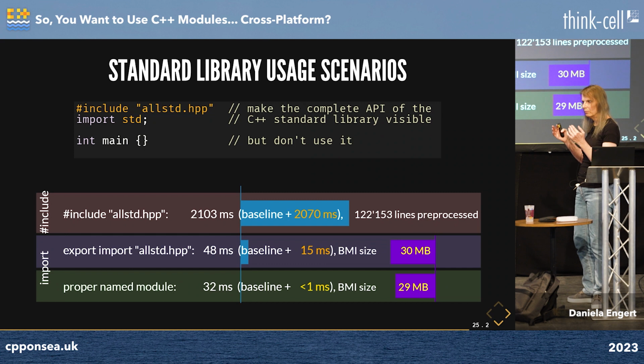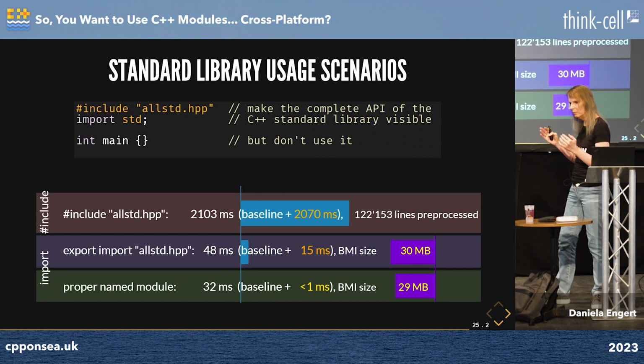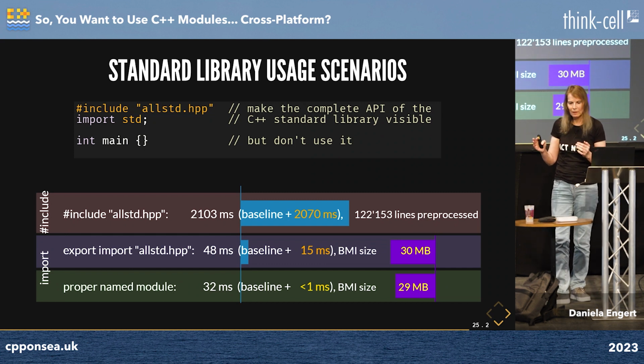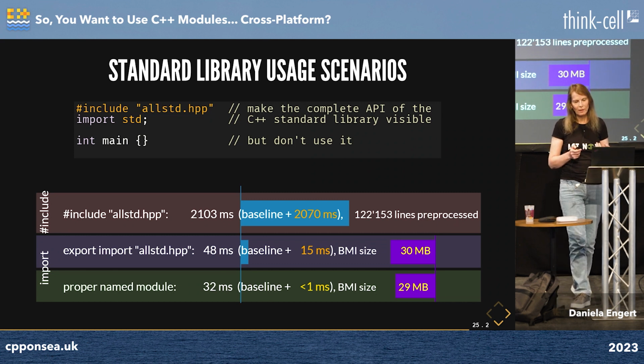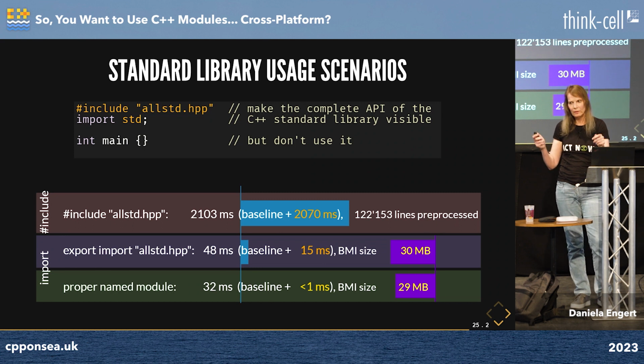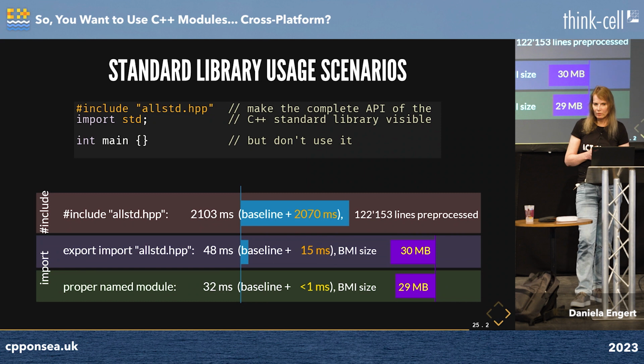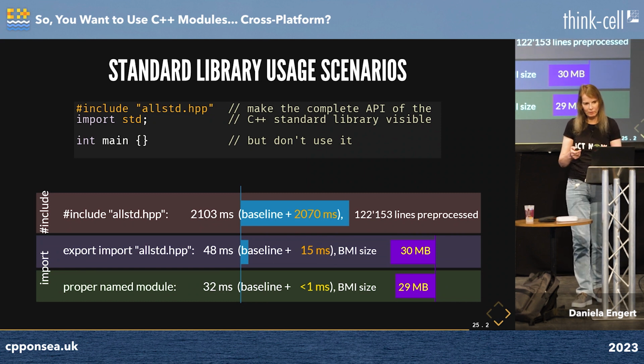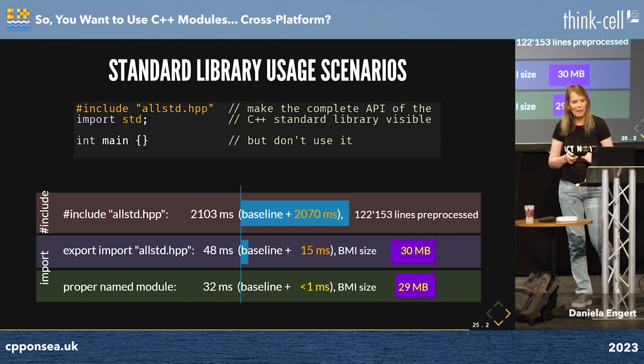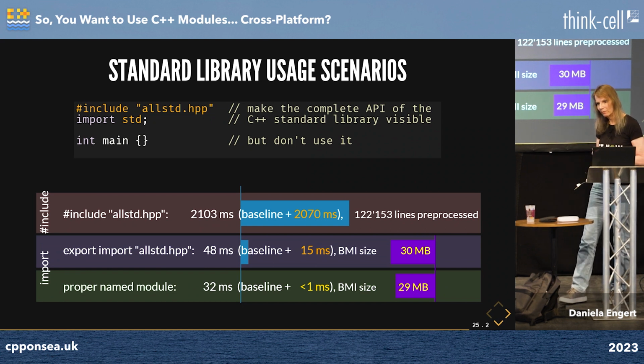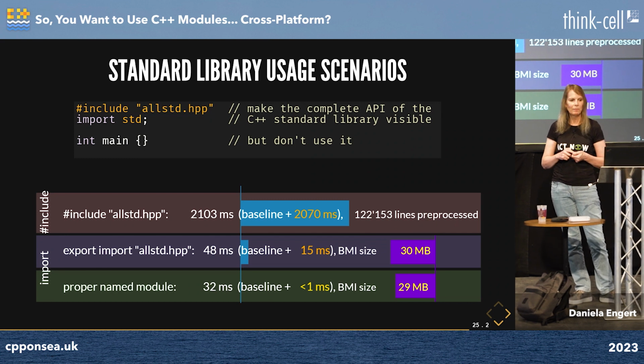If you want to provide the complete API of C++ as it's defined in the standard, for example, you place all of these standard STL headers into just, for example, all-std.hpp, and you include it into a translation unit that does nothing, and you measure how long it takes to provide all the API.